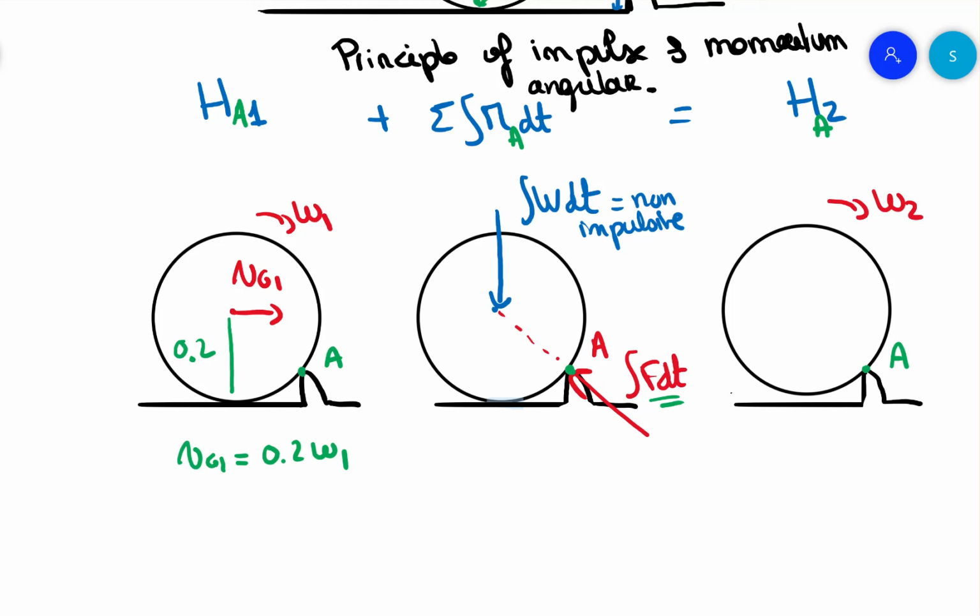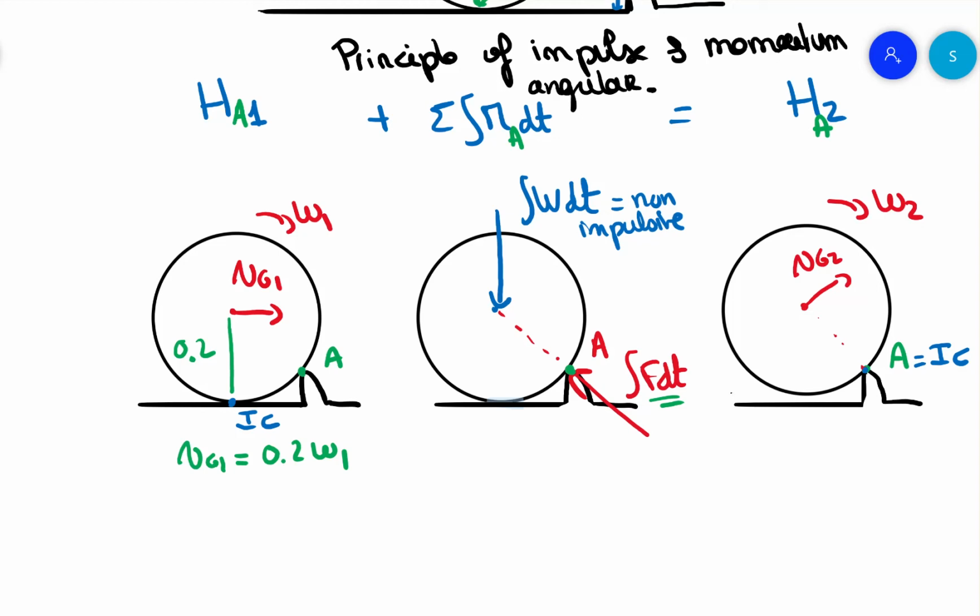Just after the impact, the new IC, the IC was there, but now the IC is the point A. So it means that Vg2 is going up.